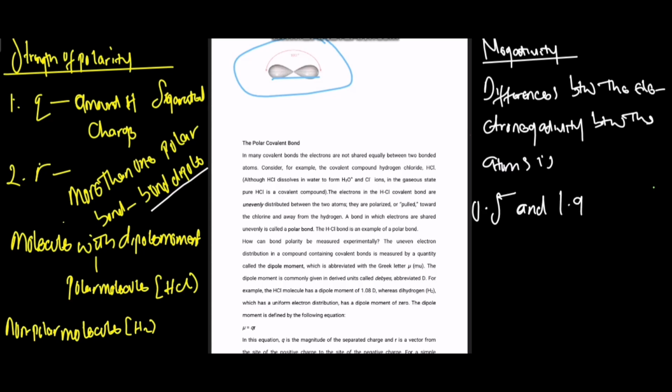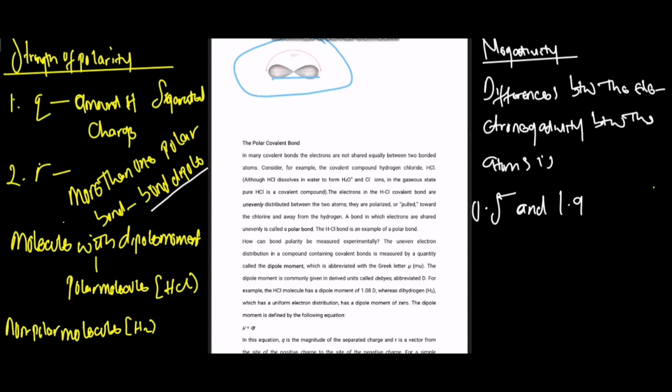Anything more than this, that compound does not contain a polar covalent bond. That is how you get to know if a compound contains a polar covalent bond in terms of electronegativity. The difference in the electronegativity between the atoms ought to be between 0.5 and 1.9.